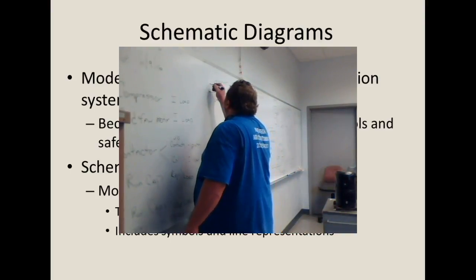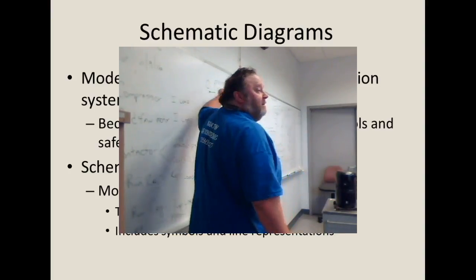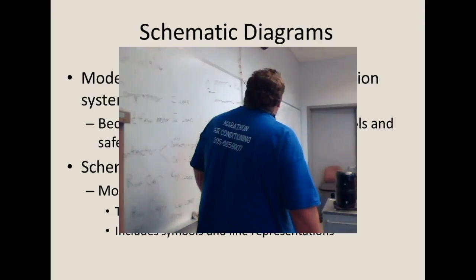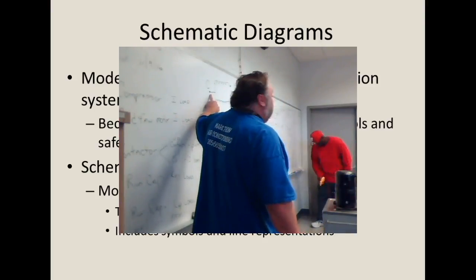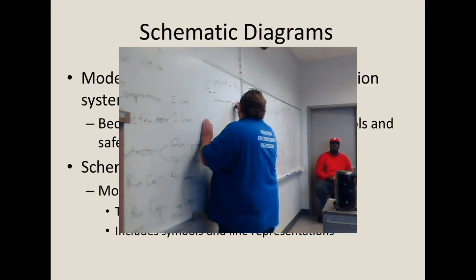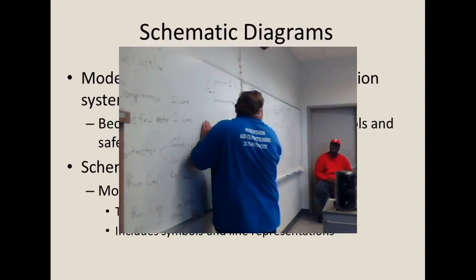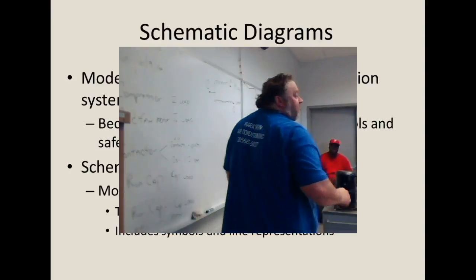I'm going to call it common, because it is common to both of them, isn't it? Now, two windings, or two coils, I have a common terminal, and now I have two terminals at the end, right? So at the end of the run winding, this is the run terminal. At the end of the start winding is the start terminal.